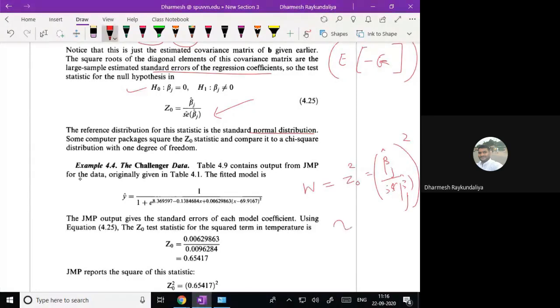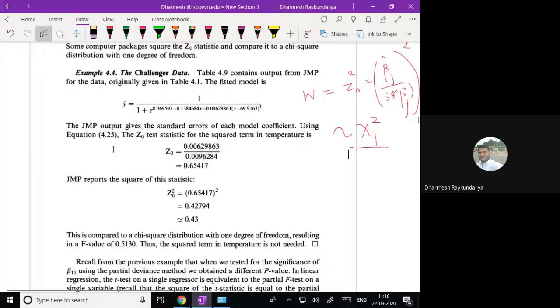Because you are testing only one parameter individually, the degrees of freedom is one, so it is a chi-square with one degree of freedom. Some computer programs and software use Z0 and compare with the normal, and some take the square and compare with the chi-square with one degree of freedom. Both are the same.